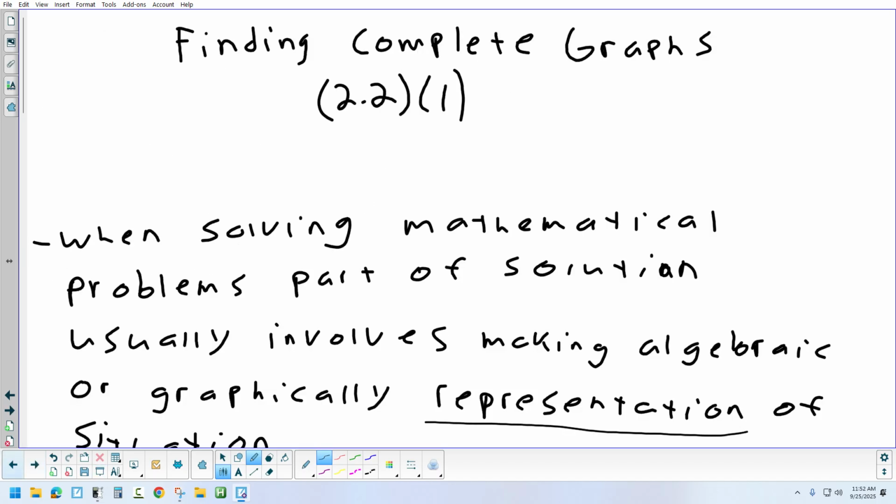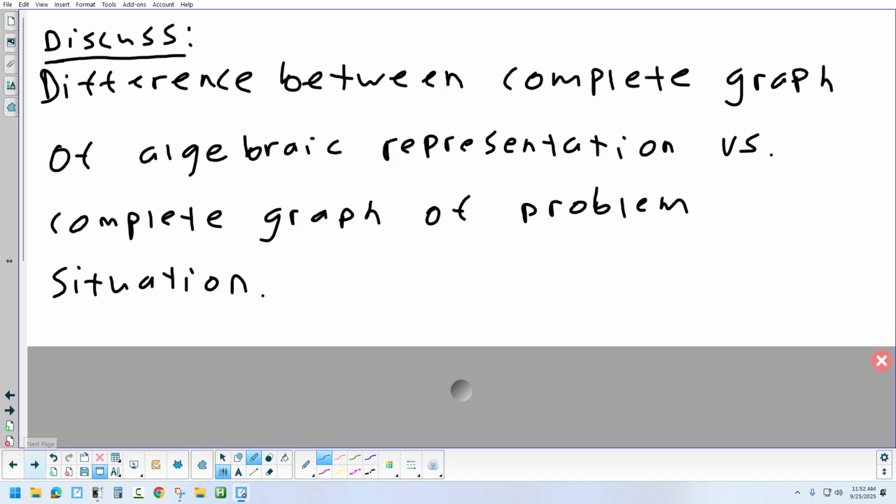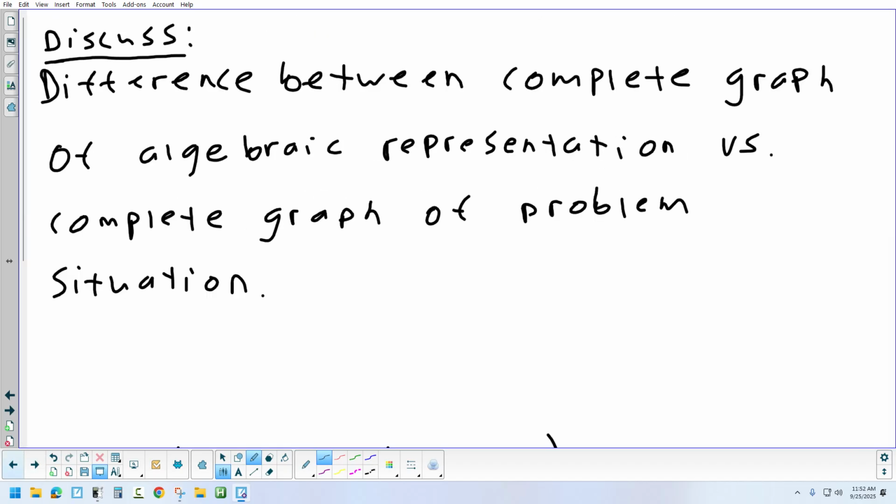Algebraically, sure, could you plug a negative number into this formula? Like, can you do negative 10 times negative 0.0185? Yeah, you can do a negative times a negative. Does it mean anything in this word problem? No, that doesn't mean anything. Mathematically, you can do it, but in the context of the word problem, no.